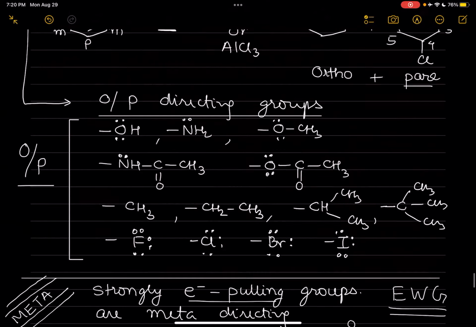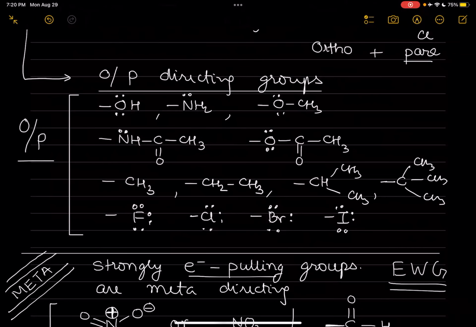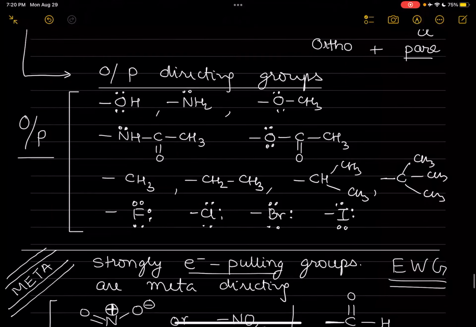Ortho-para directing groups are alkyl groups, electron donating groups, and groups which have a lone pair on them.